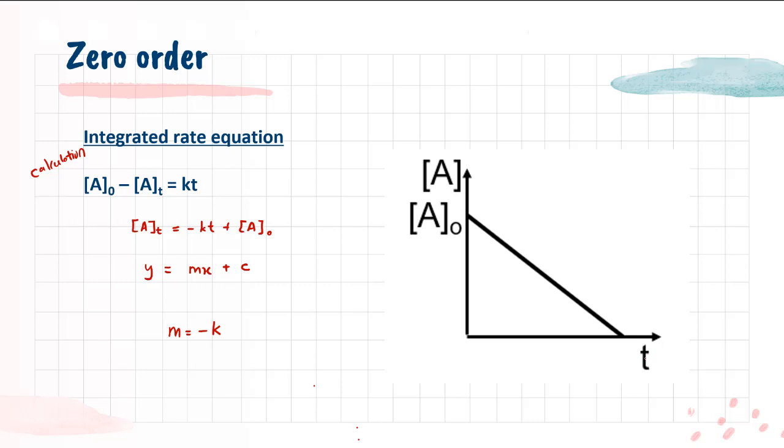You can see we have our y-axis, concentration A, and our x-axis, the time taken, with the intercept A naught and the gradient equal to negative k. So this is for zero order using the integrated rate equation.